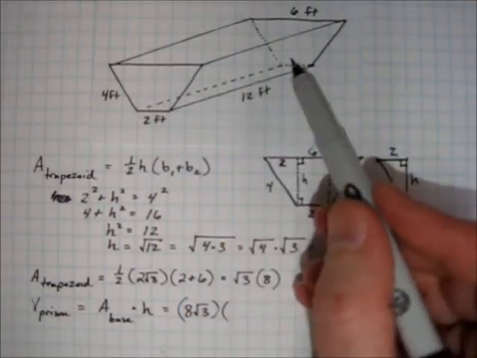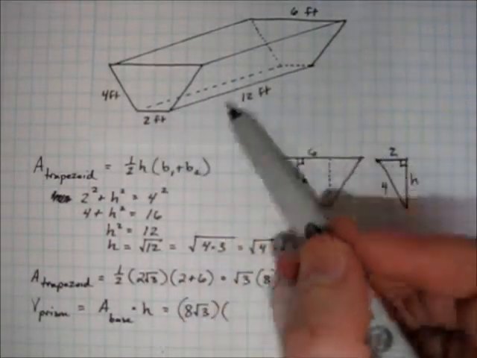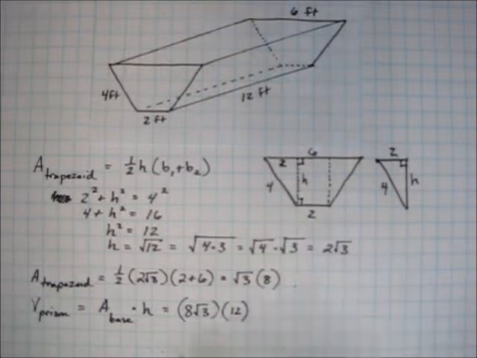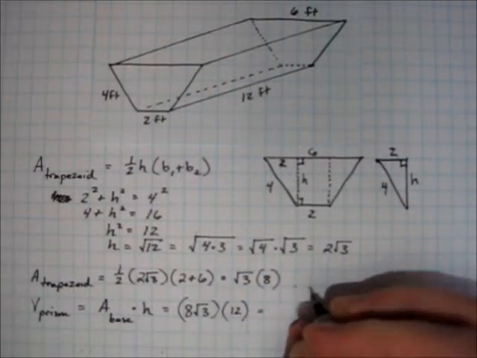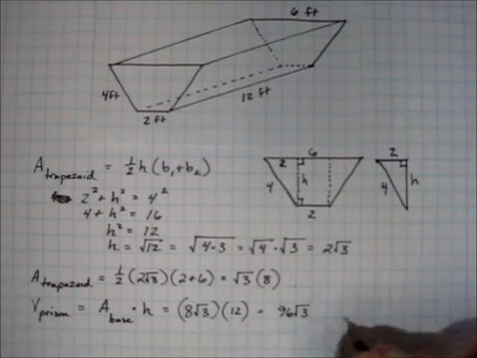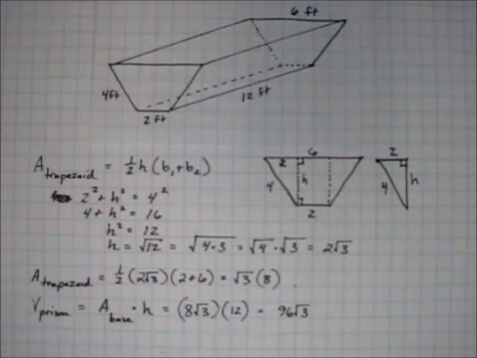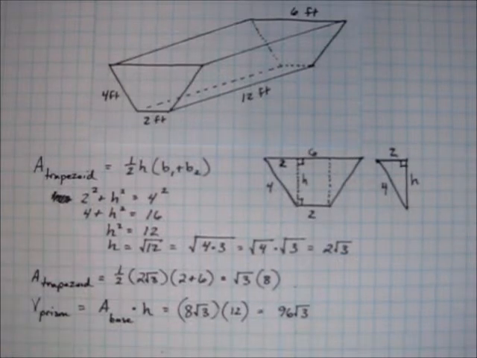So if we were to take this water trough and stand it on end, it has a height of 12 feet. So I have 8 times square root of 3 times 12, or 8 times 12 is 96. So 96 square root 3 cubic feet. So that's the exact value, and if at this point you want to change it to a decimal to see what that is, that's okay.